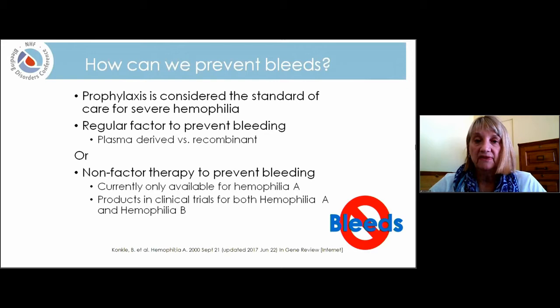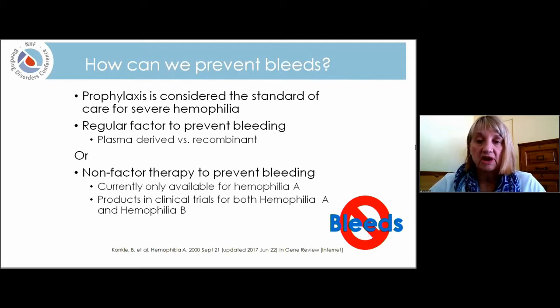This is regular factor infusions on a scheduled basis to prevent that bleeding. This can be done either with plasma-derived factor concentrate or with a recombinant, a genetically engineered factor concentrate. You will have this discussion with your healthcare provider to determine what's the best clotting factor for your child.